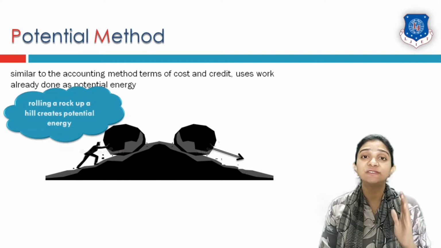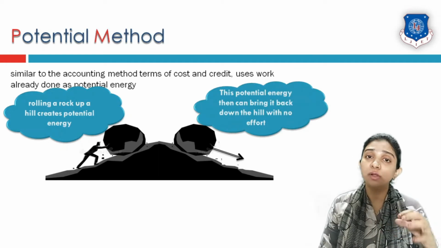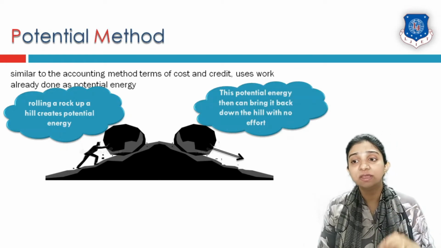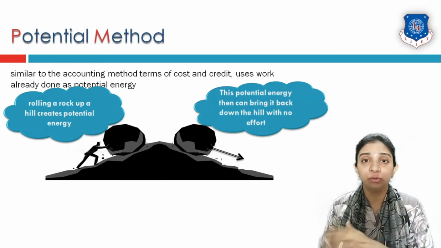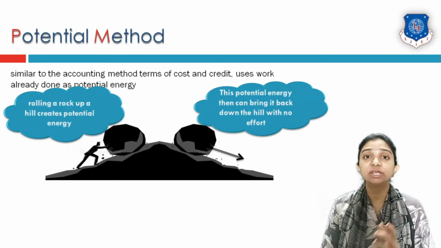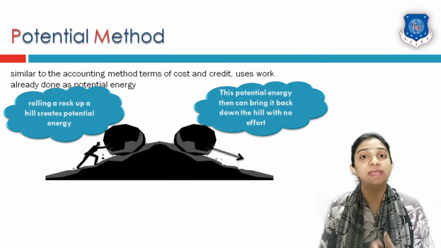So when it reaches the top and we let it fall off the hill, we do not need to apply some energy because some potential will bring it back down the hill. Now that potential is nothing but gravity, which is already there.